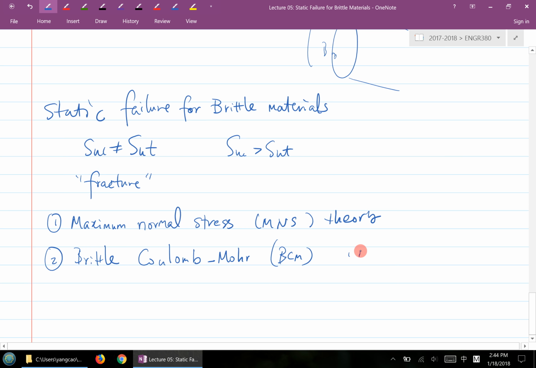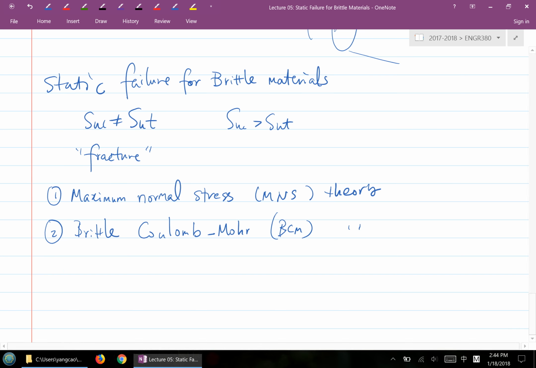And the last one, we'll look at the modified Mohr theory, or MM theory. So we'll look at 3 of them. We'll look at also the connections among the 3 theories.